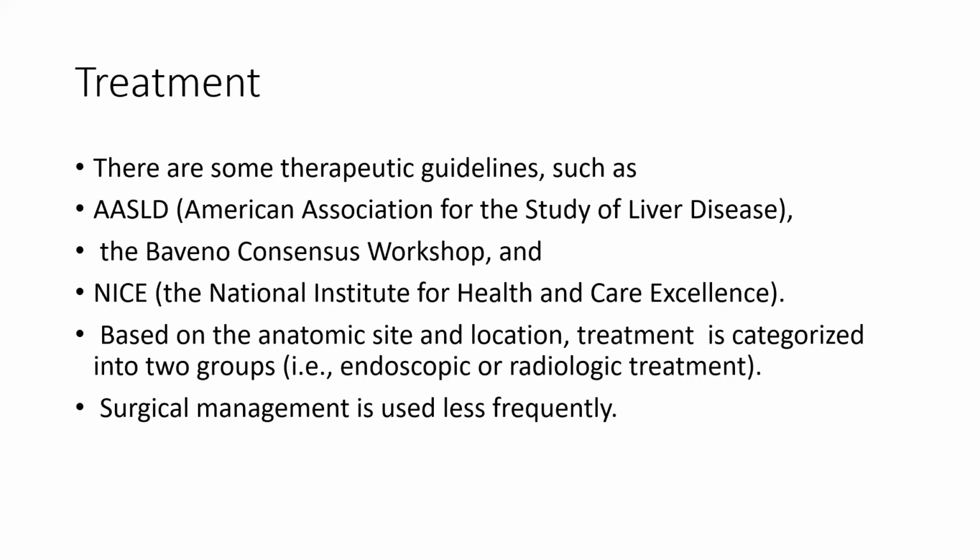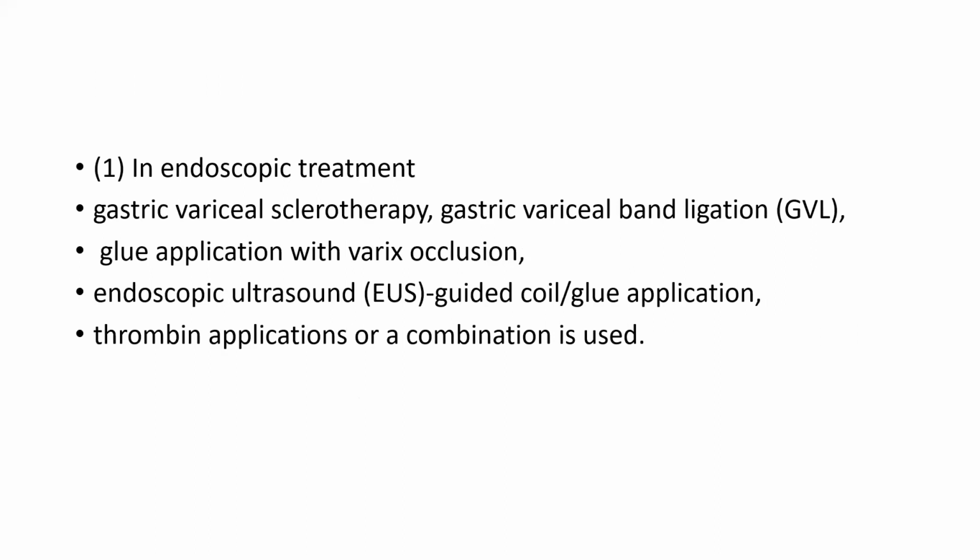Now, the treatment. There are some therapeutic guidelines such as the American Association for the Study of Liver Diseases, the Baveno Consensus Workshop, and the NICE guidelines. Based on the anatomical sites and location, treatment is categorized into two broad groups, that is endoscopic and radiological treatment. Surgical treatment is used less frequently. So, what is endoscopic treatment?